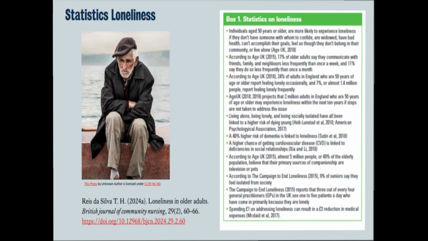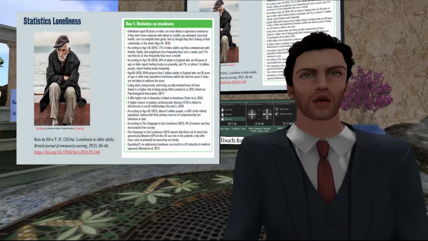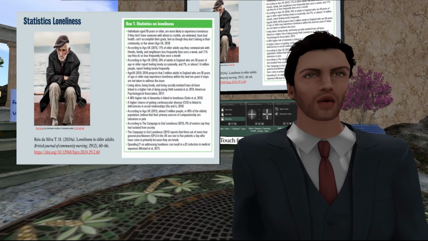For example, if they are a different religion, a different ethnic group, or a different sexual orientation than the area, they will possibly be neglected by the community, or if they already live alone.